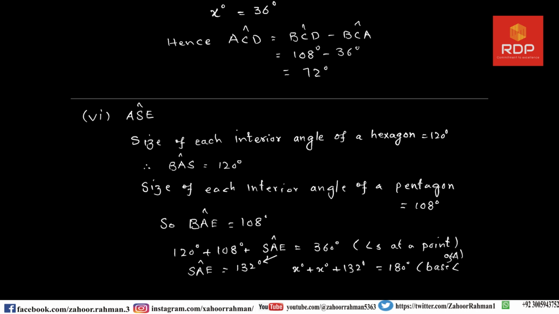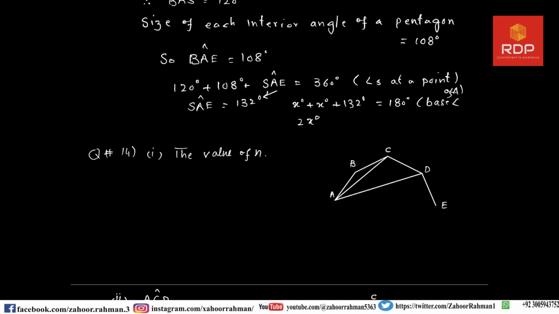Now 2x degree is equal to 48 degree and x degree is equal to 24 degree. So the question, which was ASE, will also be equal to 24 degree, and that is the ultimate answer.